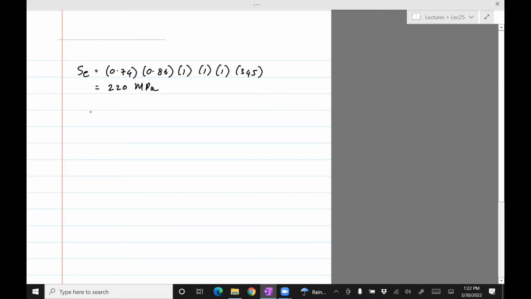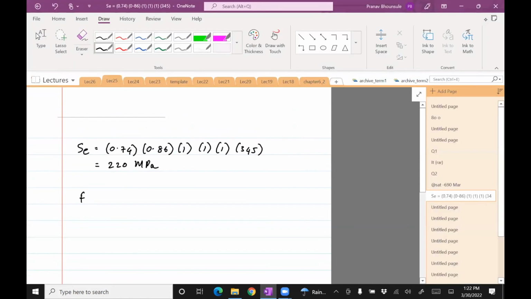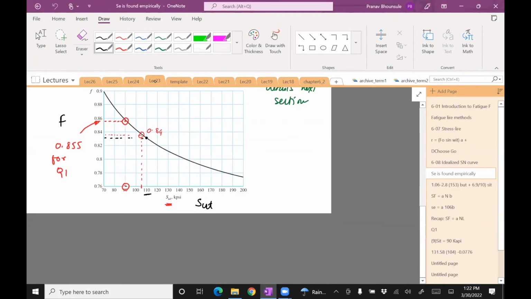Okay, next we need to compute F in order to get the factors A and B for fatigue loading. So for F, there are two ways to compute F. One is you can look at a graph of F versus, I believe, SUT, and the other one is there's a formula for F. So let's just recap that. Let's go a few lectures back to lecture 23, I think.